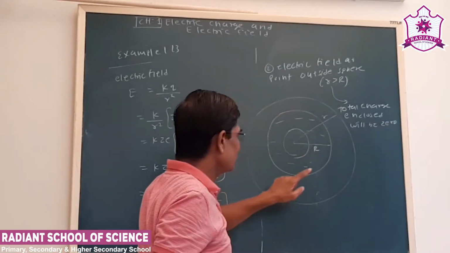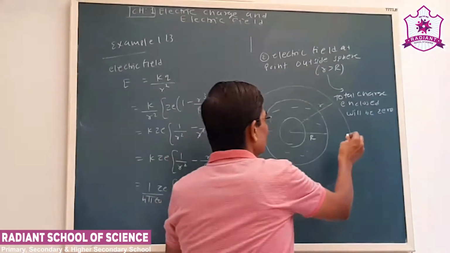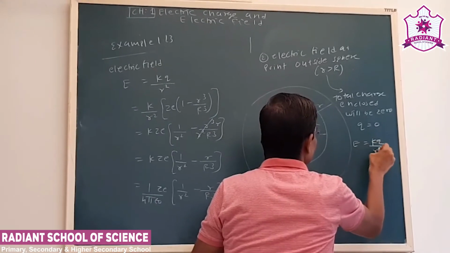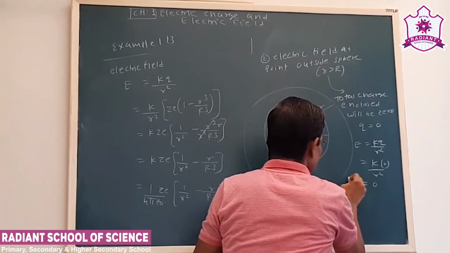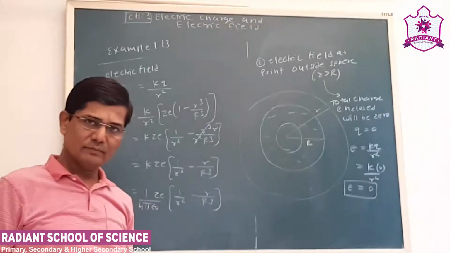Why? Because the whole charge of the atom is enclosed by the surface. So the charge is 0. Now E is equal to kq by r square, so the electric field at a point outside the sphere will be equal to 0.